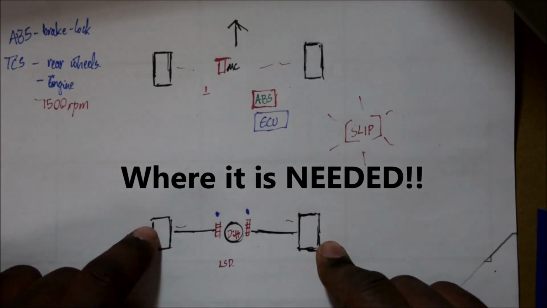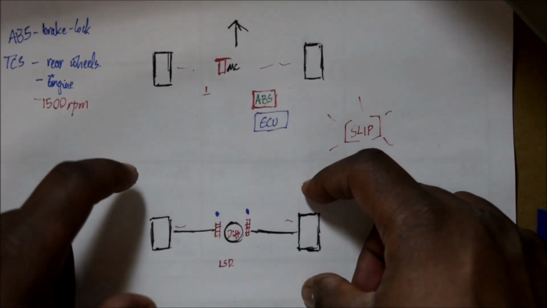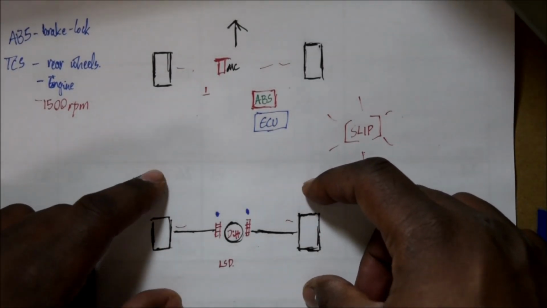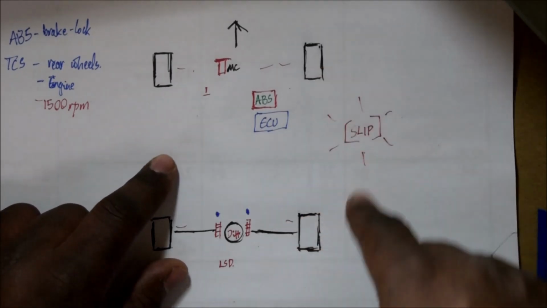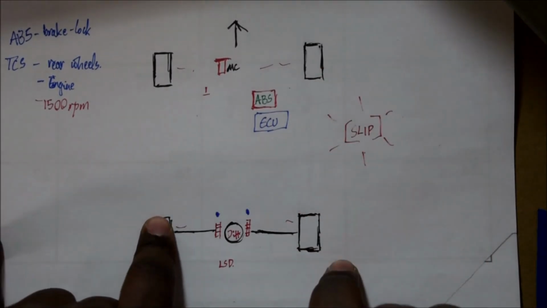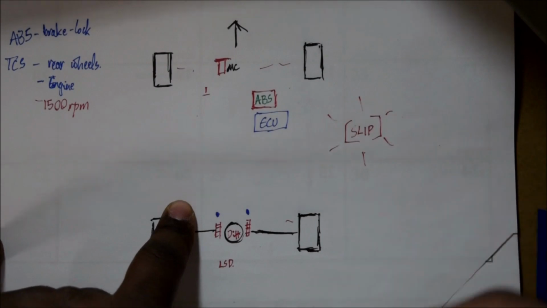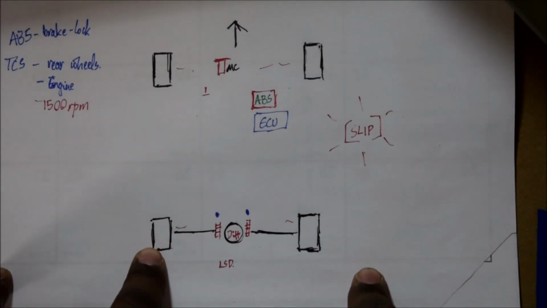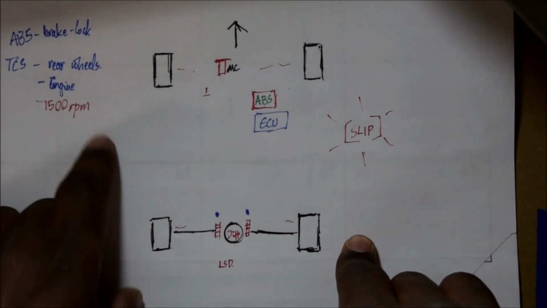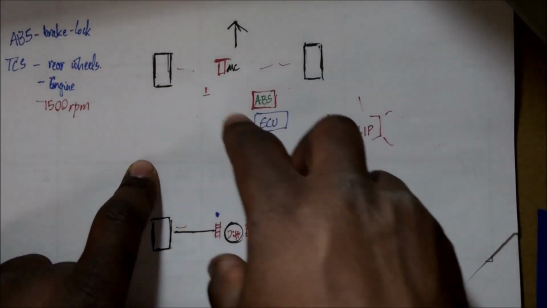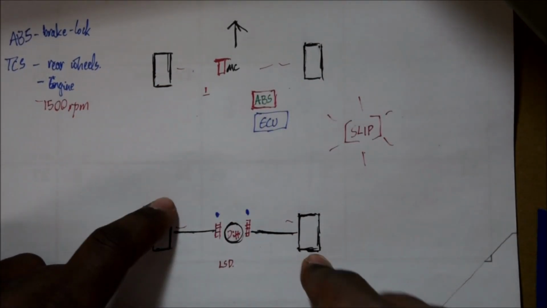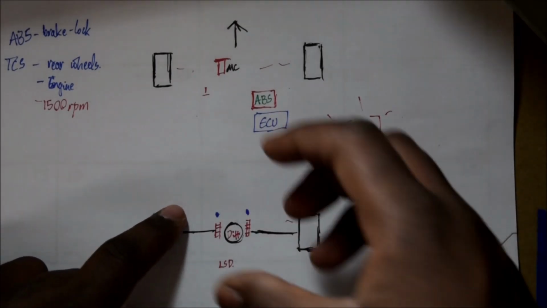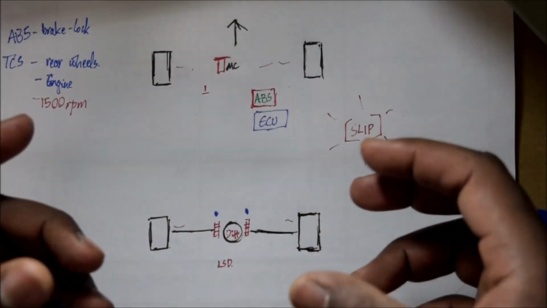So for example, if you have this wheel on ice and this wheel on pavement, naturally power will want to go to this wheel that's on ice and keep that slipping, right? This wheel is not going to move anywhere. So what the TCS system seeks to do is, one, limit how much power is going there, because if you send so much power, it's just going to keep spinning. If you send a little power, it's easier to regulate that.